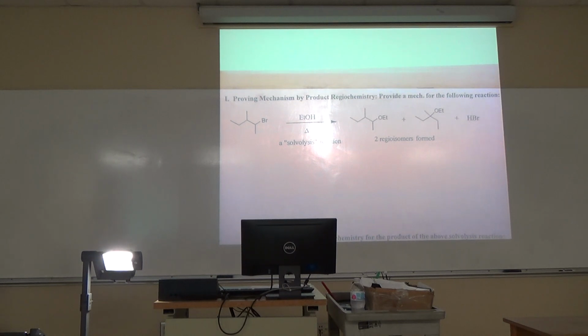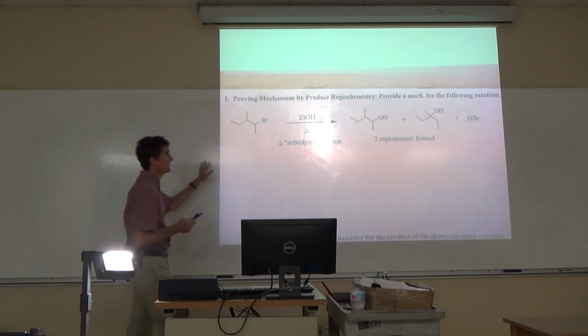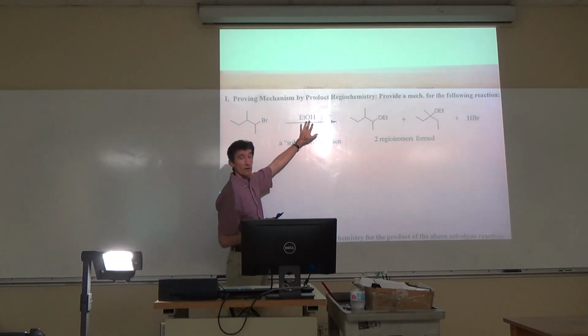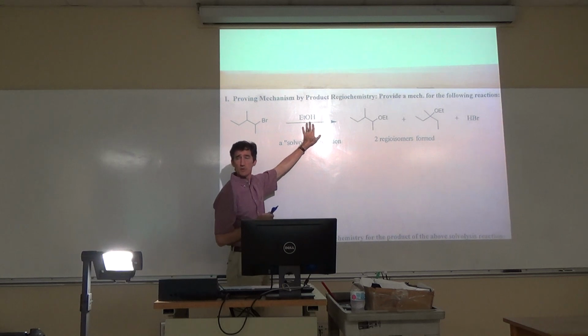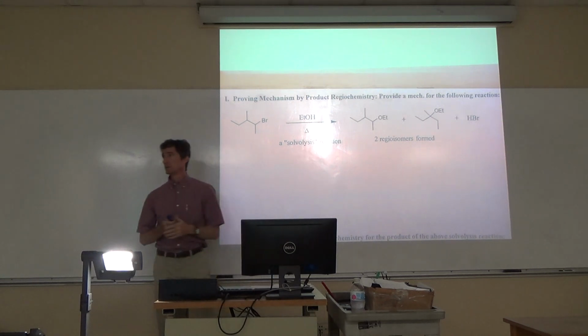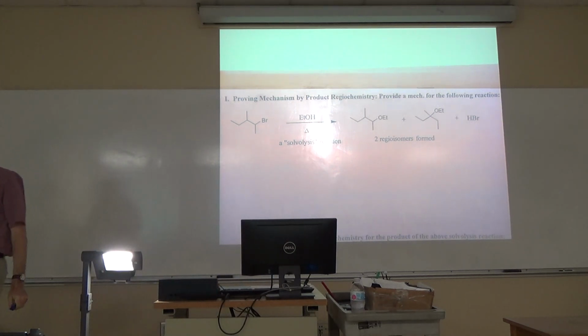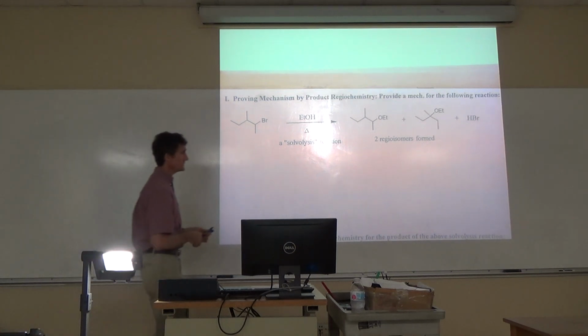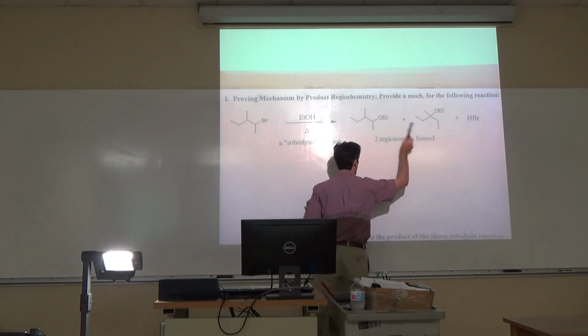Is the nucleophile strong here? No. What is the nucleophile? Ethanol, and it's weak. I know it's weak because, is it an anion? Is it sp3 nitrogen? No. Then it's weak. Mechanism: SN1, we can tell that already. We can also tell it's SN1 because of your regioisomers.